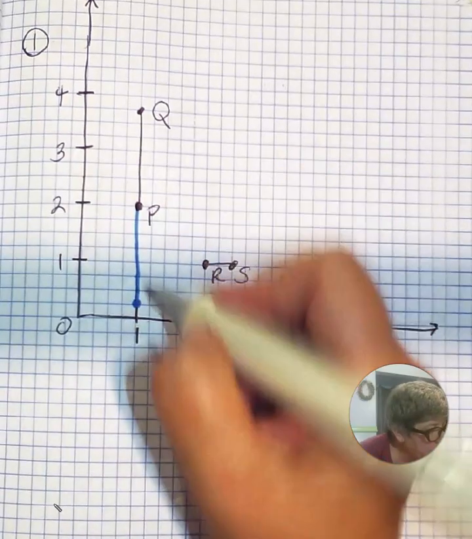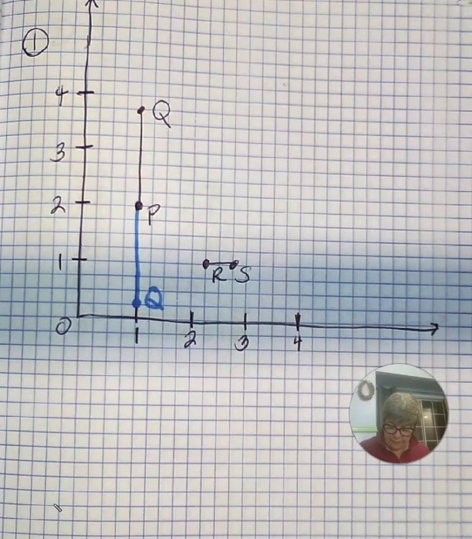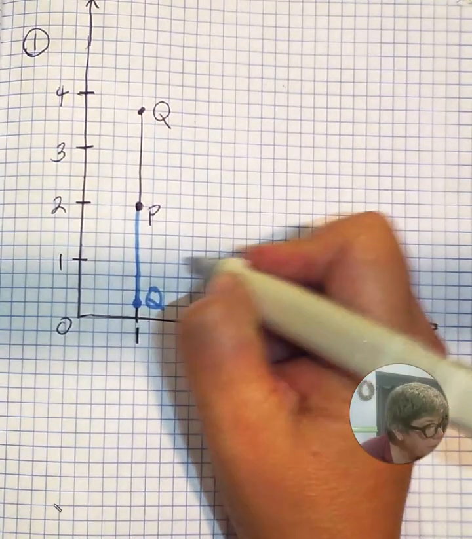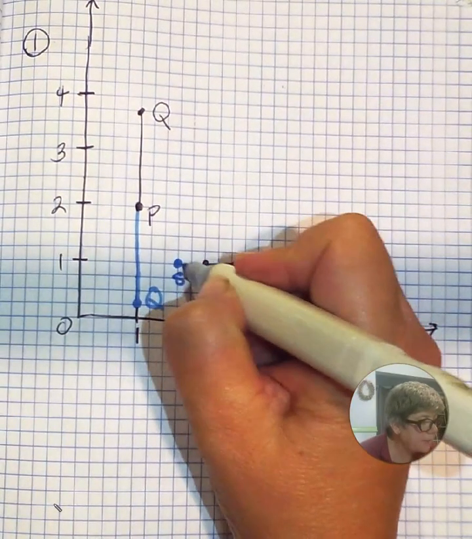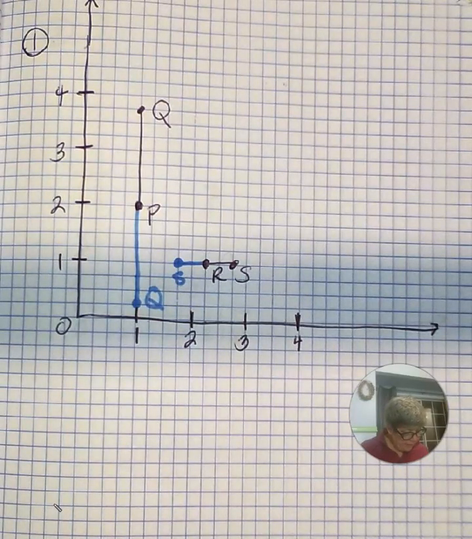Could we have put our Q down here? I think it would still meet the criteria, right? And then what about our S? 1/2 unit, horizontal. It didn't say which side it had to be on, right? So our S could be there. Okay? All right, so just working on how to plot points and how we know how to plot the points and using the clues that they give us, right? Okay, very good.